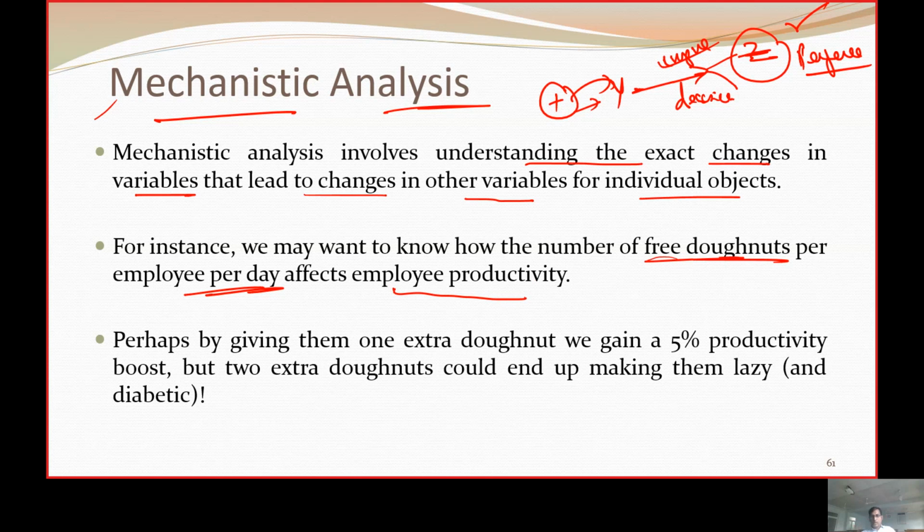If they add one more donut, that means daily they give one donut, so that their employees work more and get good performance. But what if they increase the supply of free donuts to the employees? We will gain 5% of productivity boost, but there are two extra donuts which could end up making them lazy.